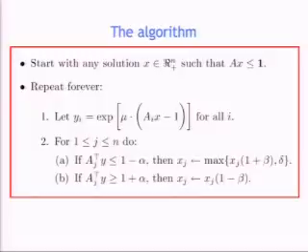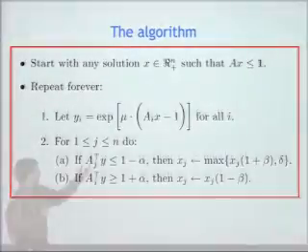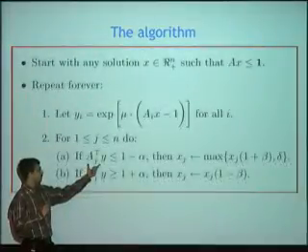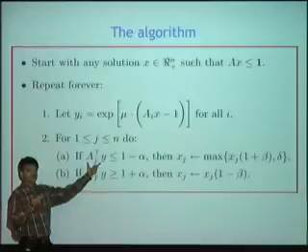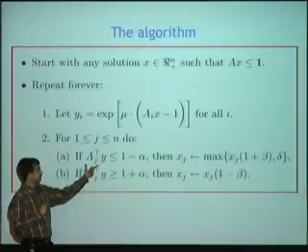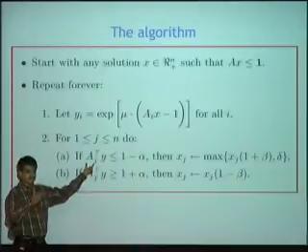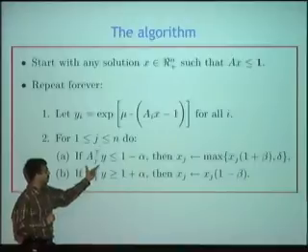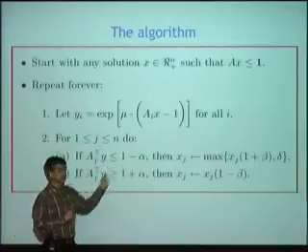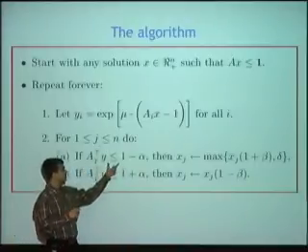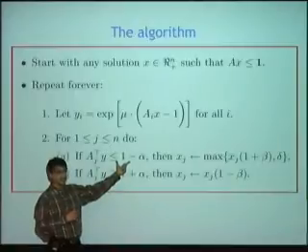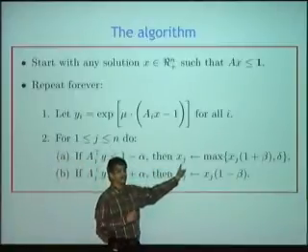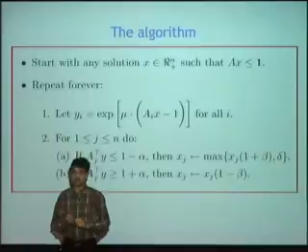Right. So what does agent j do? He computes the value of the jth dual constraint, namely aj transpose y. This is essentially the dot product of the jth column of A with y, and he's going to compare that with 1. If this value is much smaller than 1, then he's going to increase his variable by a small multiplicative factor.